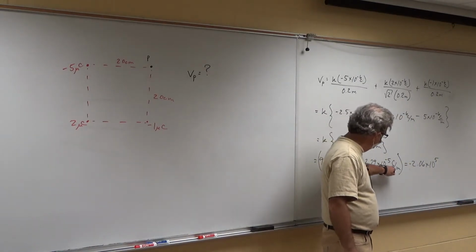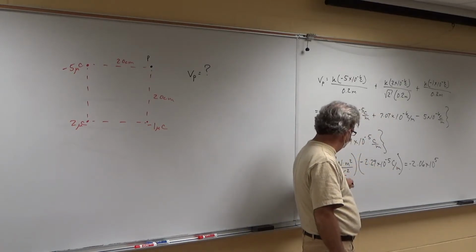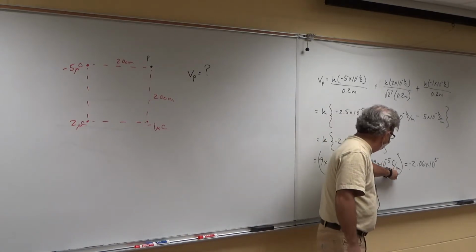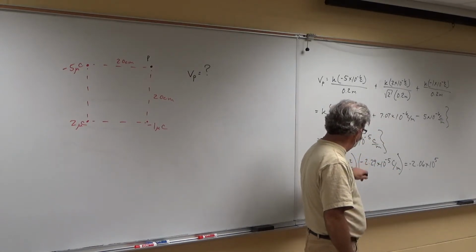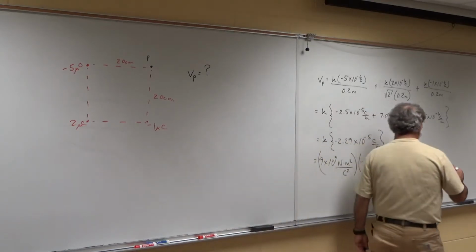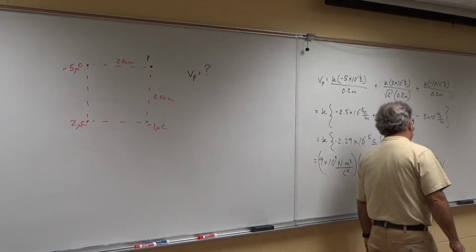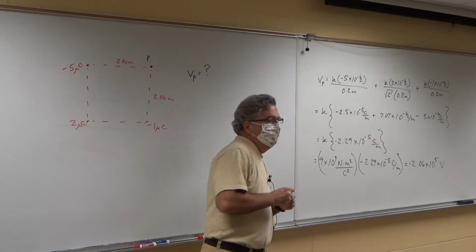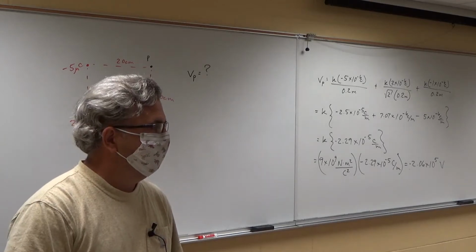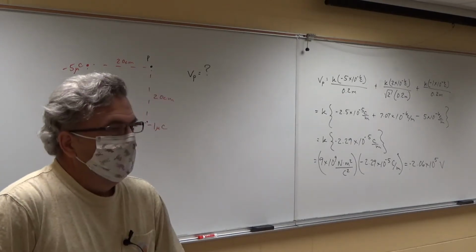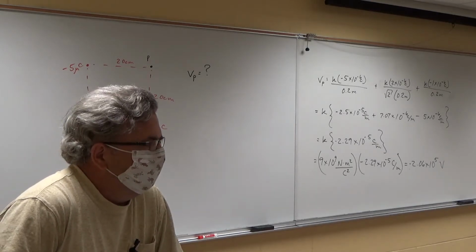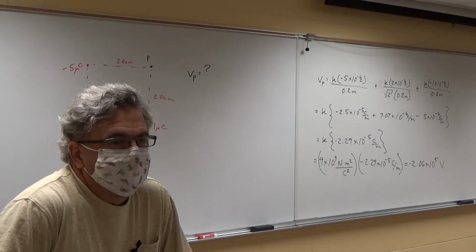We have a coulomb that cancels the square, and a meter squared that cancels that square, so you have a newton meter per coulomb, that's a joule per coulomb, that's a volt. Negative 2 times 10 to the 5 volts. It's a lot of volts.